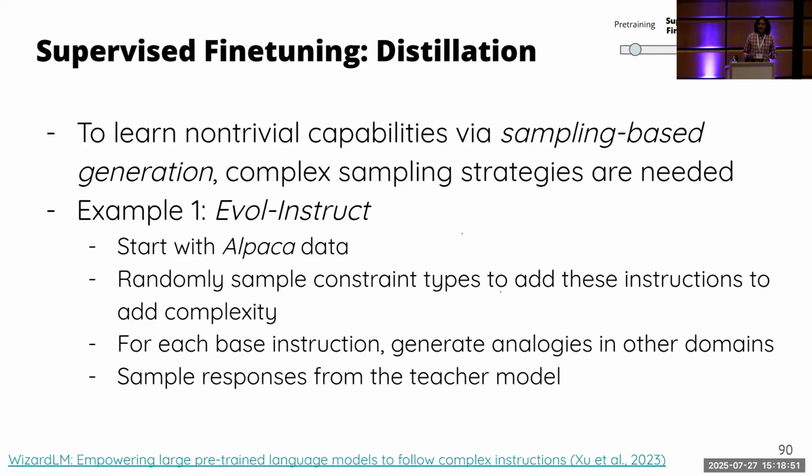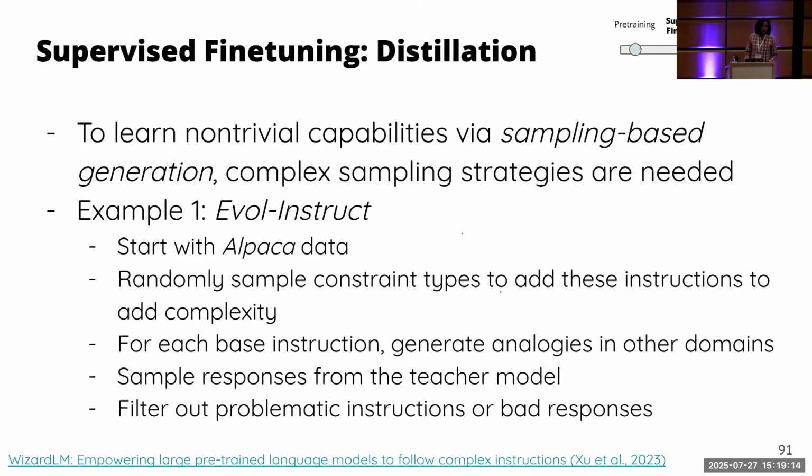But then they randomly sample things like constraints on the instruction, like write a response with this in mind. And they also generated analogies to other domains to have more coverage. After doing this, they sampled responses from the teacher, which is the classic distillation piece.